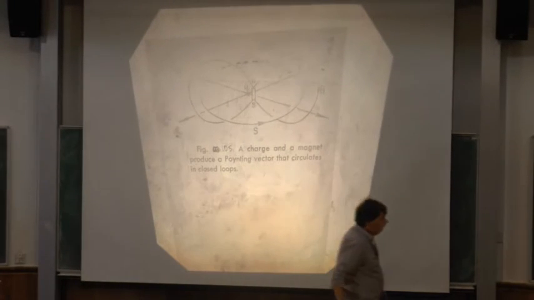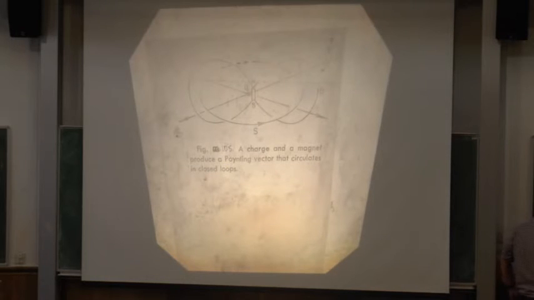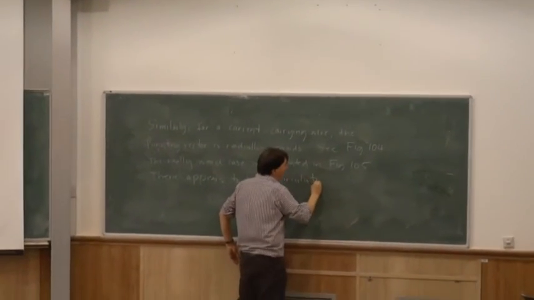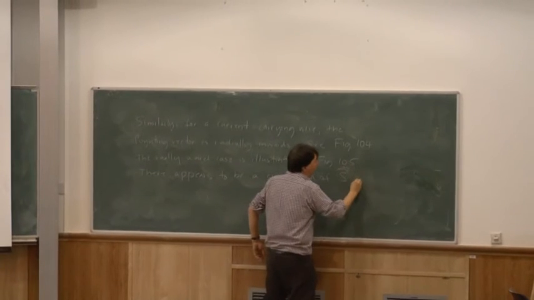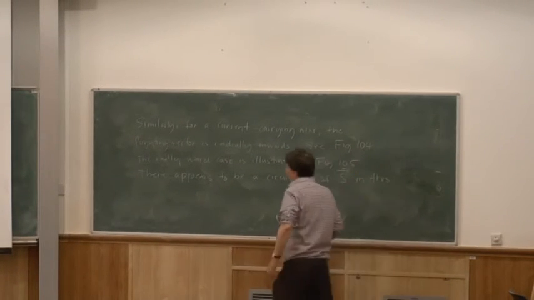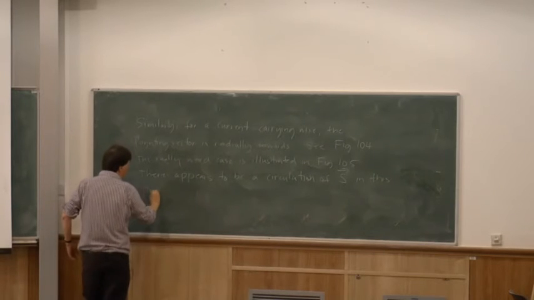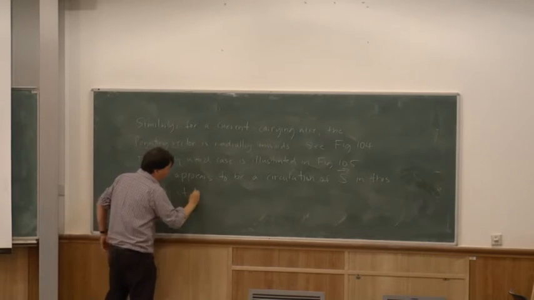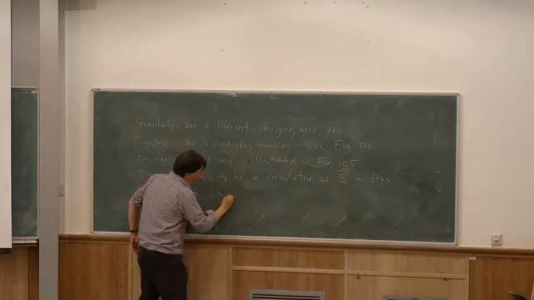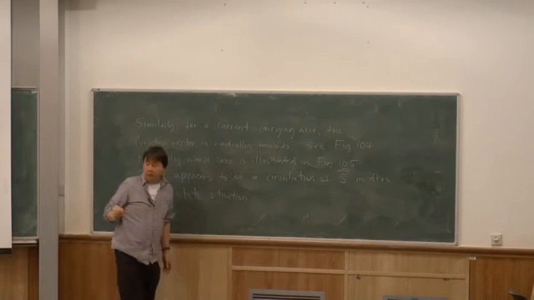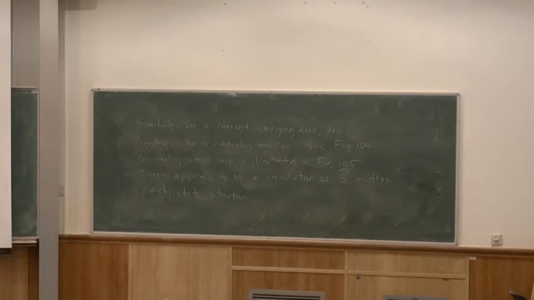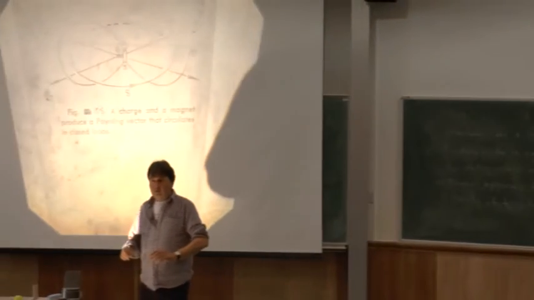So there appears to be a circulation of S in this purely static situation. However, as it follows from the Maxwell equations, it must really be there. A lot of people don't think it is there.